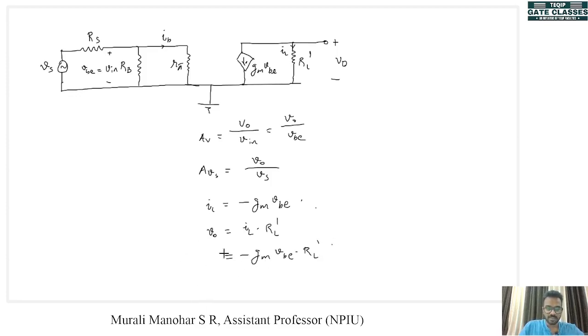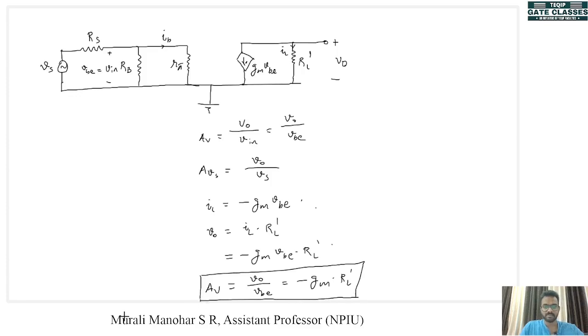Now from this equation, we can write the value of AV, which is the voltage gain, which will be equal to V out divided by VBE, which is equal to minus GM into RL dash. So this is our first parameter, AV.